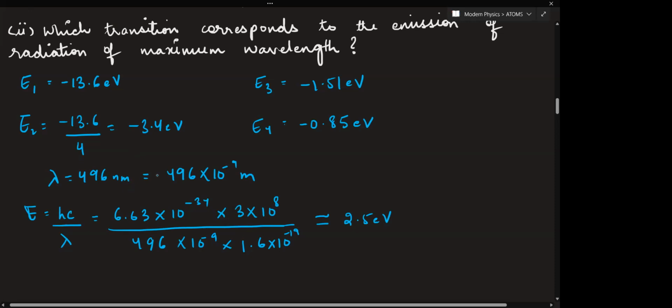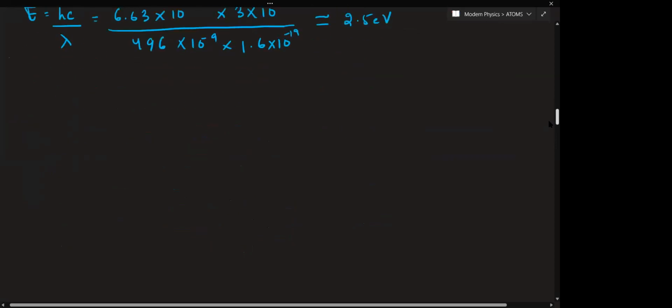If I take the difference between the energy at the fourth state and the energy at the second state: for the fourth state it is minus 0.85, and for the second state it is minus 3.4. So this gives minus 0.85 plus 3.4, which is around 2.5 electron volts.